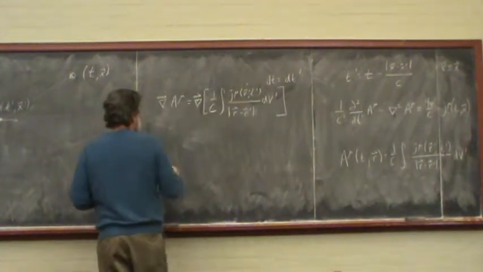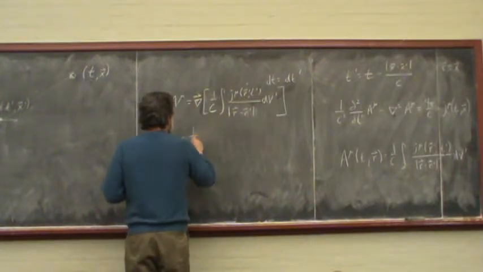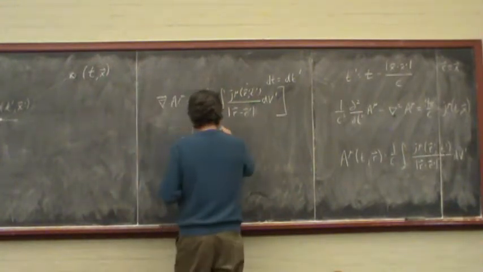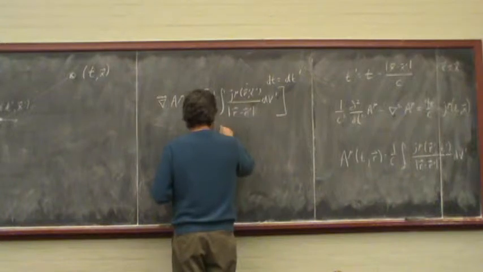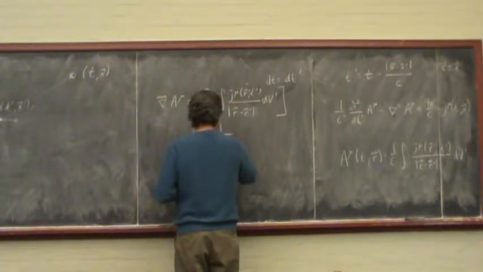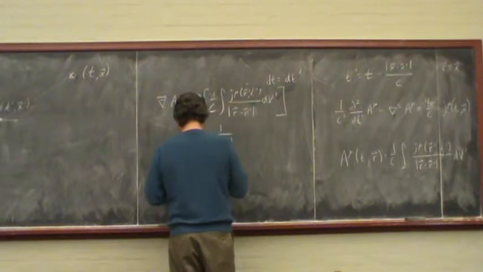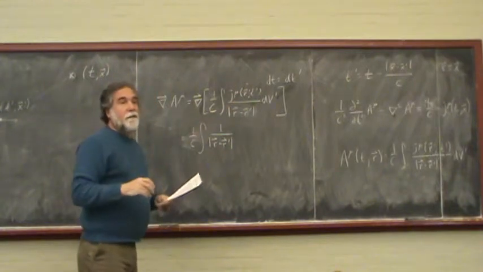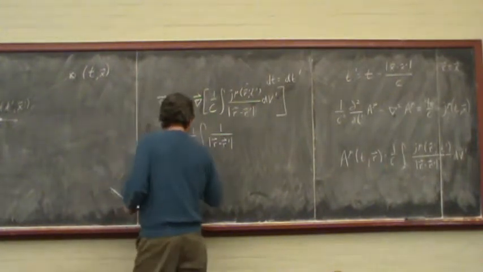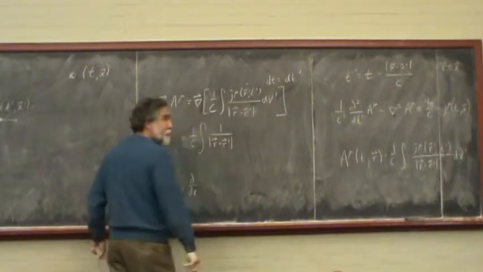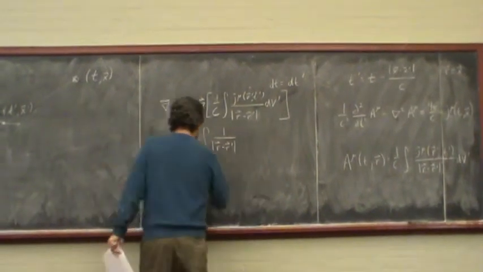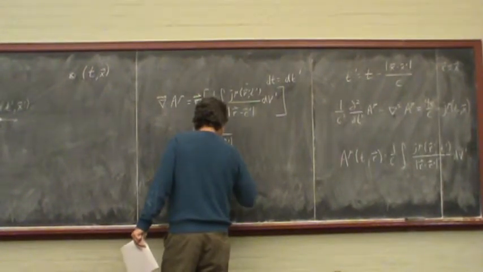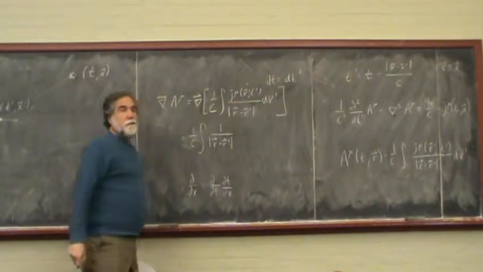One way to do that, now I'll take my del on the inside. 1 over c integral, I can just take it in because those are prime coordinates, right? 1 over r minus r prime, that's that part there, right? Now, I'm going to use a little bit of a trick here, not too bad, which is that, for example, if I want to take the derivative with respect to x of something, I can take it this way: d by dt, dt, dx.